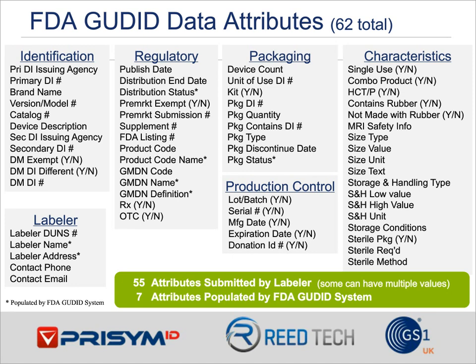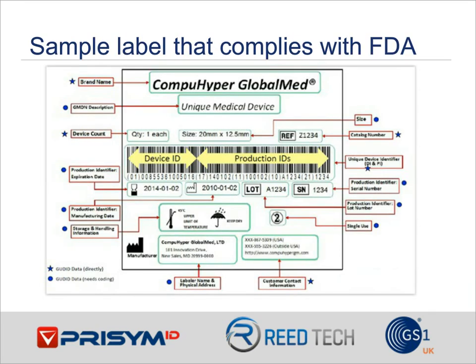Kevin, do you want to talk about some of the fields that one would find on the actual product label? Yeah, absolutely. What you're looking at right now is a sample label that complies with the FDA. On this sample, it has a device ID, which was the DI that I talked about earlier, and the PI.